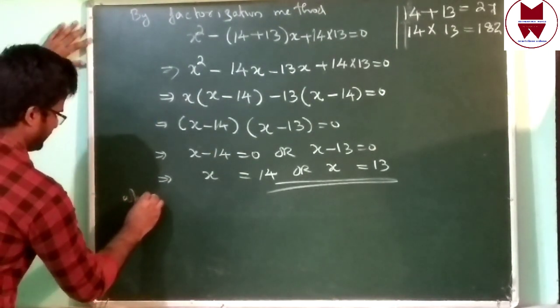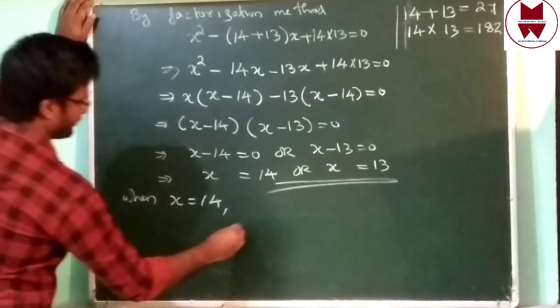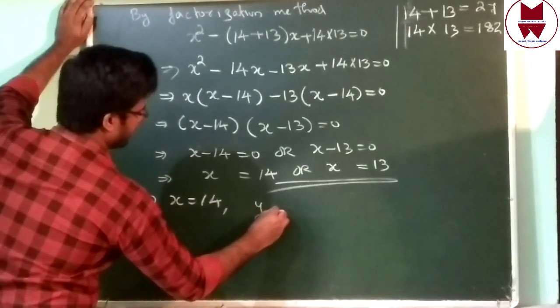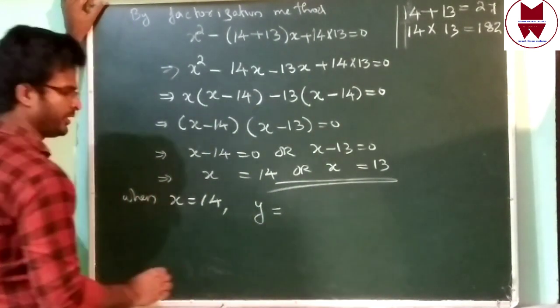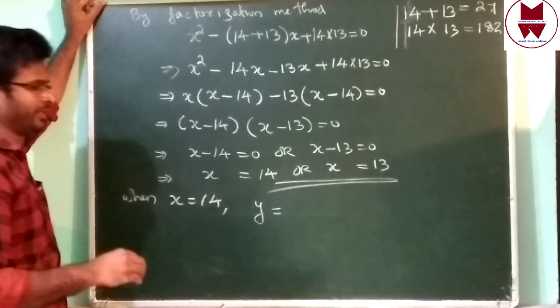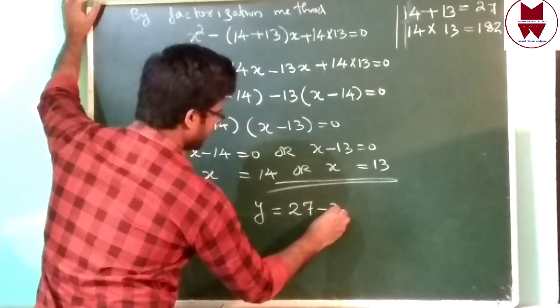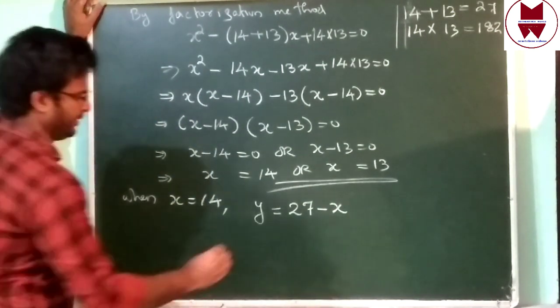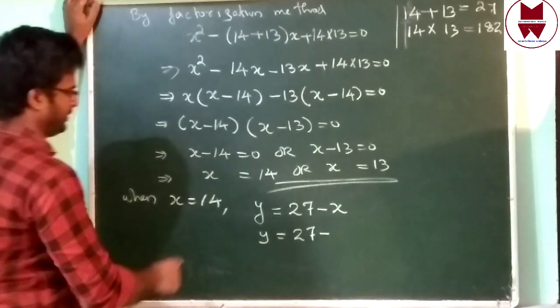Right? When x equal to 14, that time y equal to, already y you have written from equation number 1. What is y? Y is 27 minus x, isn't it? Then y equal to 27 minus x, we took 14.